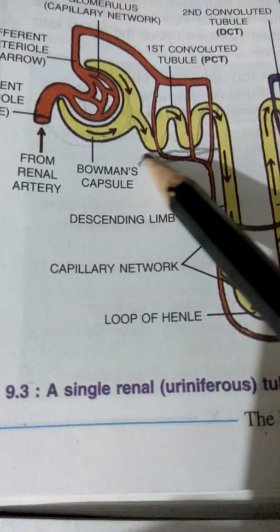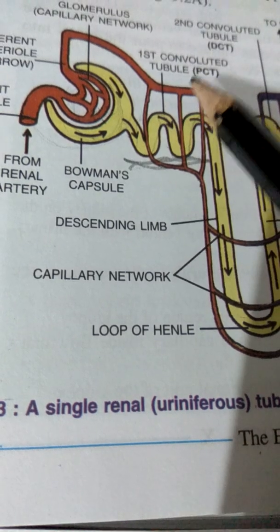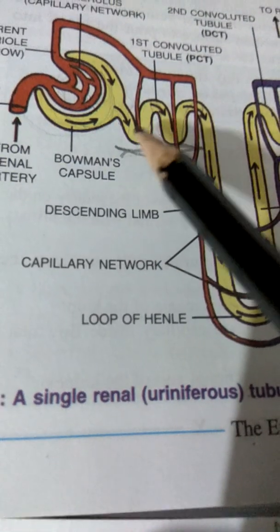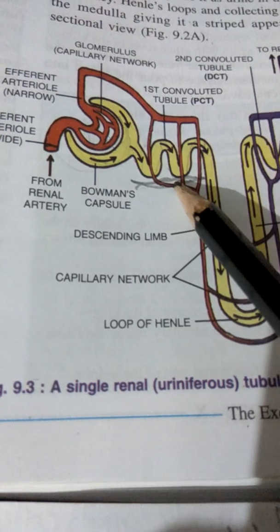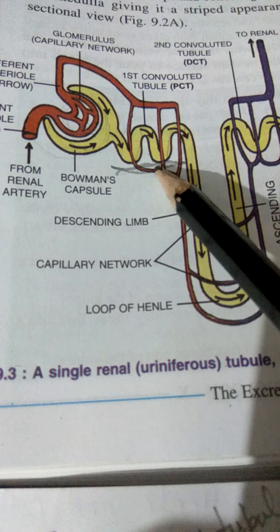This portion is called the first convoluted tubular part, that is, the proximal convoluted tubule. It is also present in the cortex region of the kidney, the outer region.